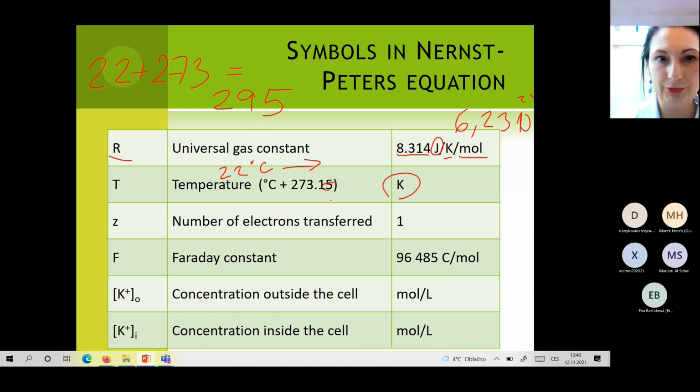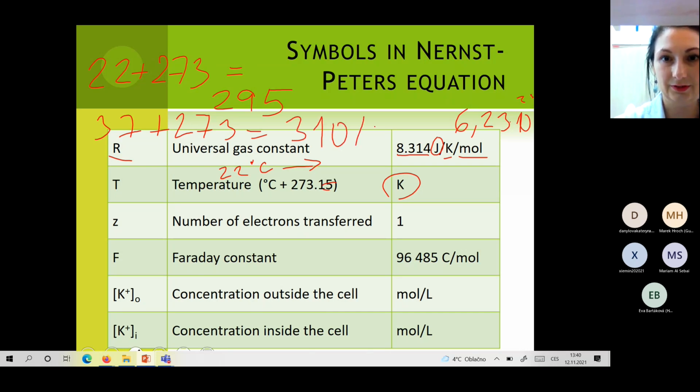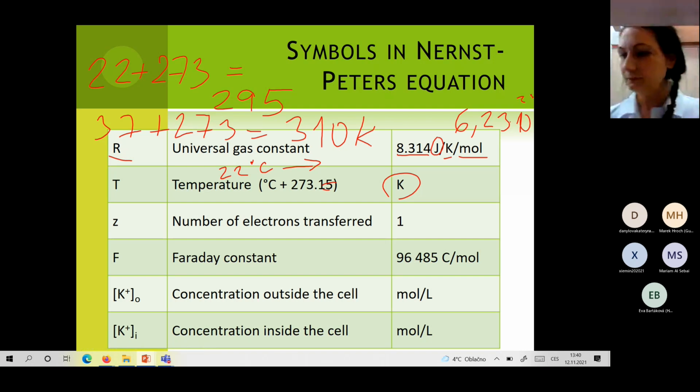So physiological temperature, maybe I will write it here, 37 plus 273 is 310 kelvins. Very good. So you have also a point. Okay.